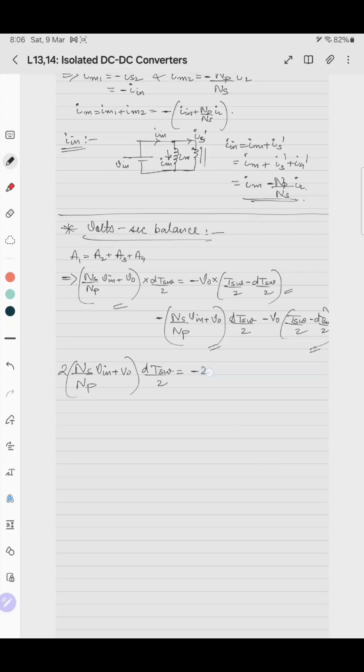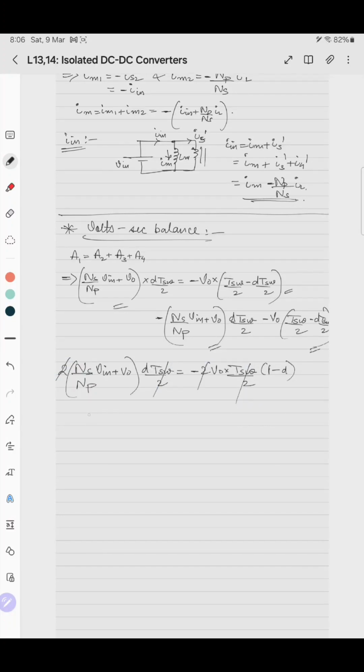minus 2 V naught into, we'll take T switching by 2 outside, it will be 1 minus D. So 2 gets cancelled, T switching by 2 gets cancelled.